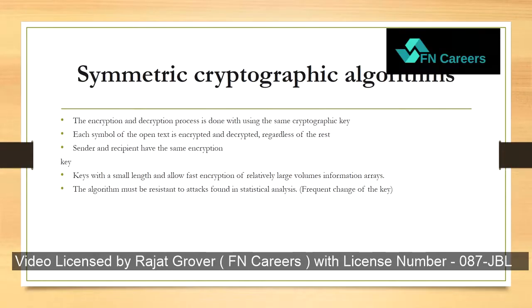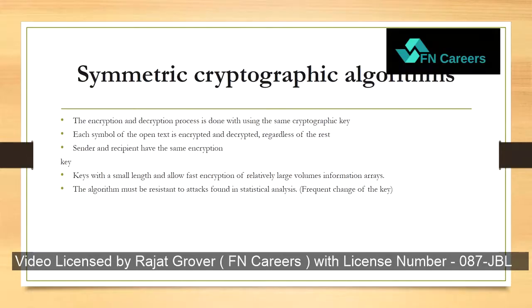If the key is not compromised, at the decryption of the encrypted information, identification of the sender is automatically performed, since besides the recipient, the sender has the corresponding key.